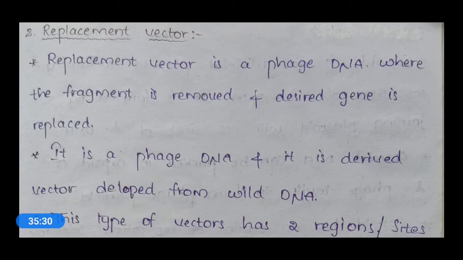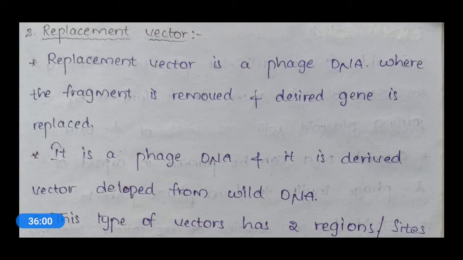So here, by name itself, we can understand this replacement vector. Here, a fragment of phage DNA is replaced with the desired gene. Whereas in an insertion vector we just cleaved the phage DNA at a single site, and in between the two fragments of that phage DNA we inserted the desired gene.